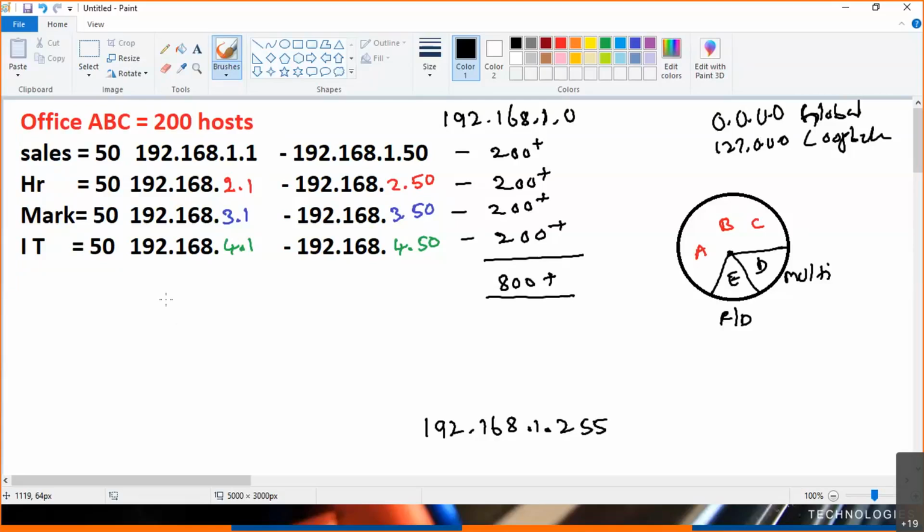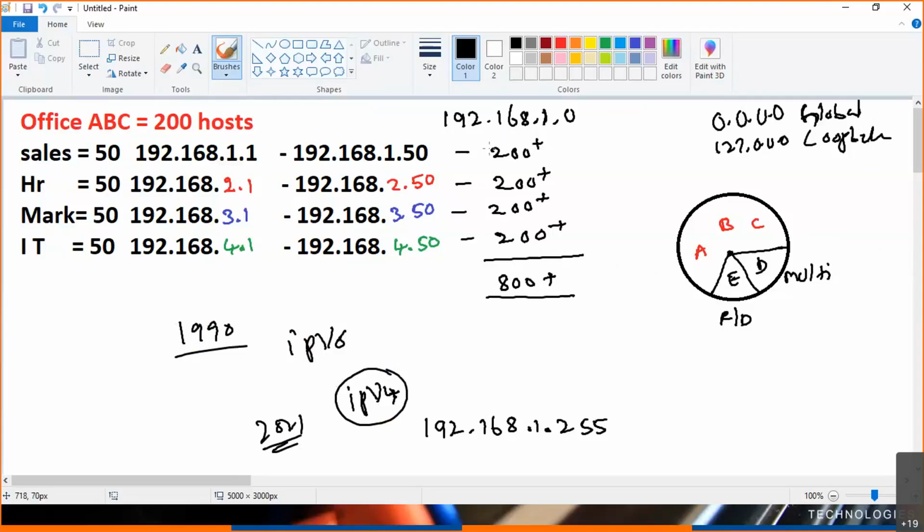IPv6 was started around 1996. But even in 2021, we are still surviving with IPv4 only. How is it possible? There is only one solution.